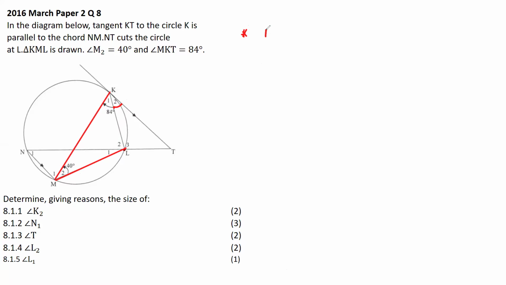That means K2 will be equal to 40 degrees. Your reason: tangent-chord theorem. The tangent-chord theorem is always coming through, never not available.